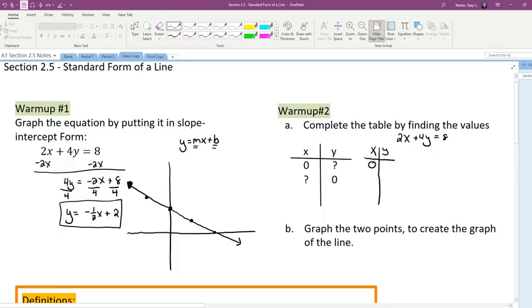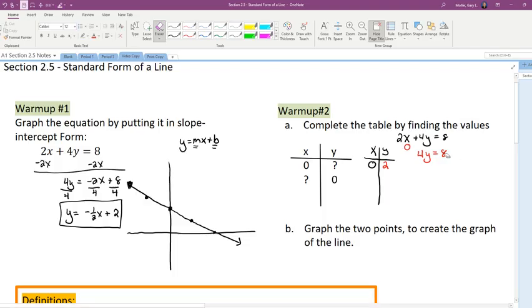If x is 0, the math becomes very simple, because 2 times 0 is 0, and the problem just becomes 4y equals 8. Then I can divide by 4 in my head, and I see that y equals 2.